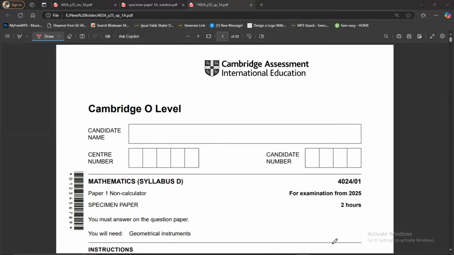And there are 2 very important things in this paper: asymptote of a graph, whether it's a vertical asymptote or a horizontal asymptote, and the Surds. These are the 2 new things which have been added in your syllabus. And I hope this video will be helpful to you. It will be helpful for your teachers as well, and for all your junior students.